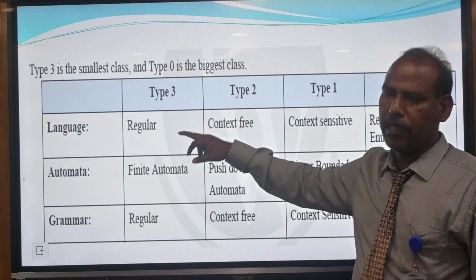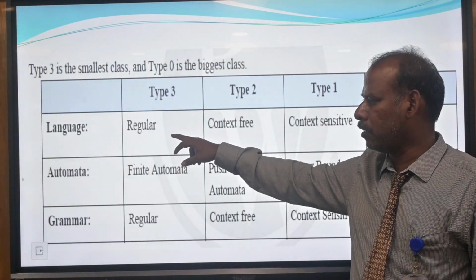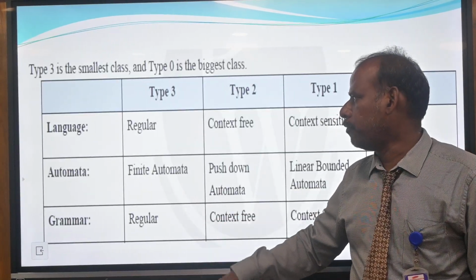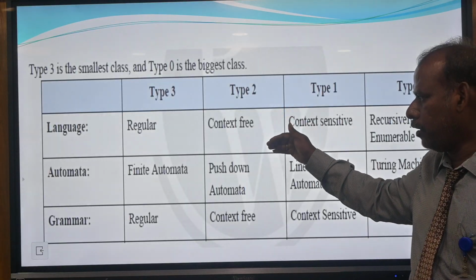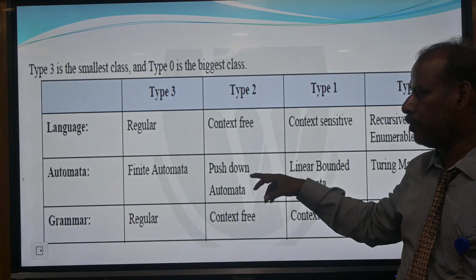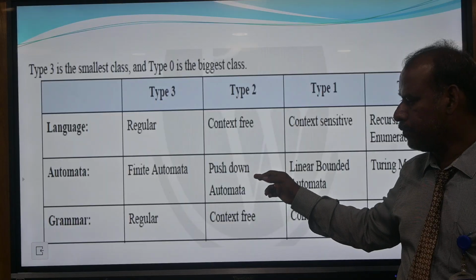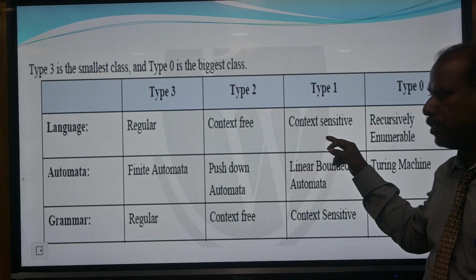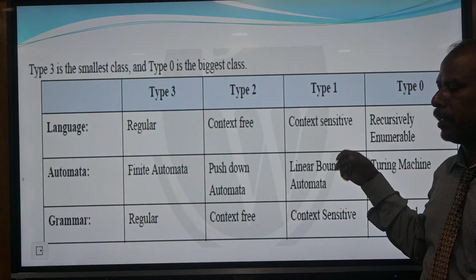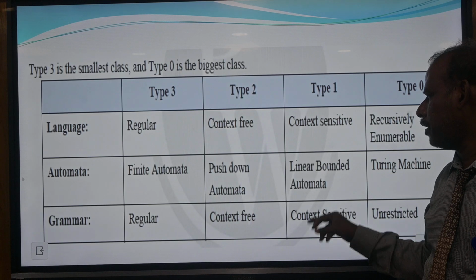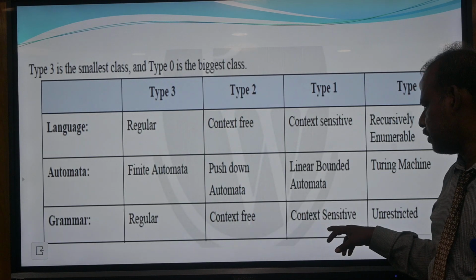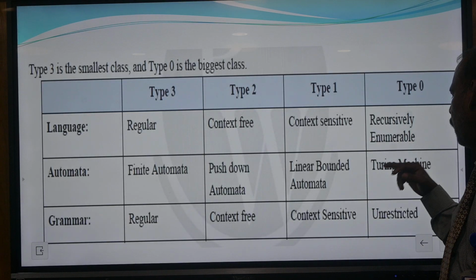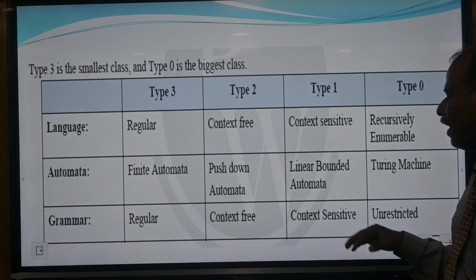In type 3 the language is regular, the automata is finite automata, and the grammar is regular grammar. In type 2, context free language uses push down automata and context free grammar. In type 1, context sensitive language uses linear bounded automata and context sensitive grammar. In type 0, recursively enumerable language uses the Turing machine, in an unrestricted form.